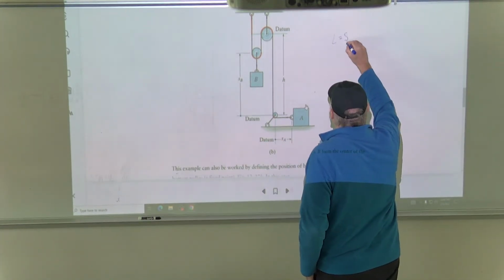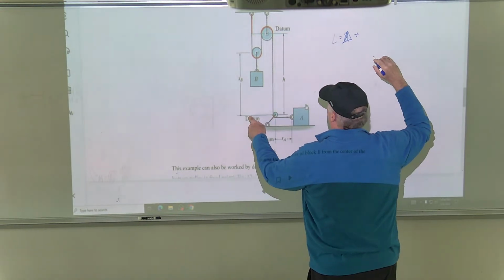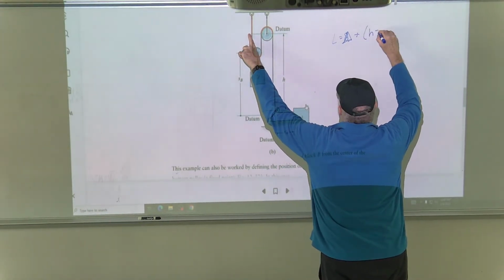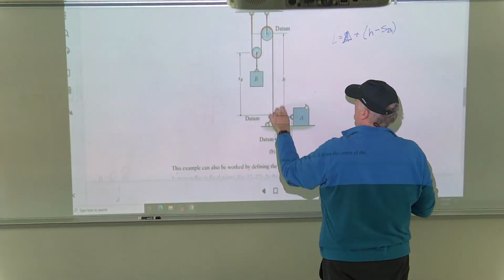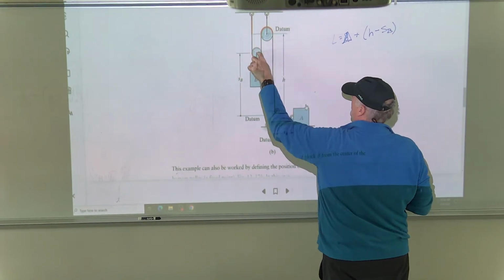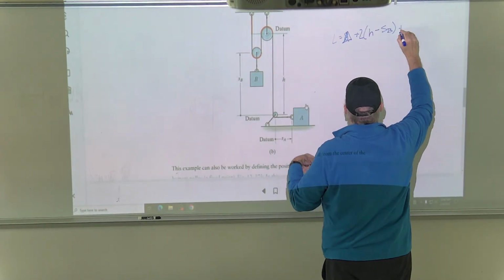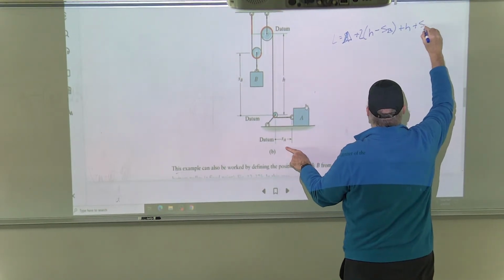Again, you just have length plus, okay, I used the delta the last time, plus, okay, what do you see here? Okay, this length is now h minus SB. So if I go up this distance, subtract this, and then I have 2 of those, and then I have plus h, and then plus SA.